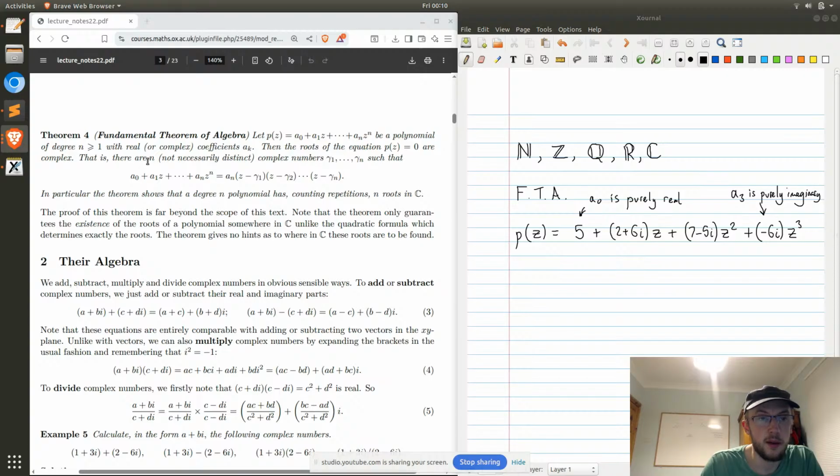That is, there are n, not necessarily distinct, complex numbers, gamma 1 all the way up to gamma n, such that the polynomial of degree n can be written in this form.